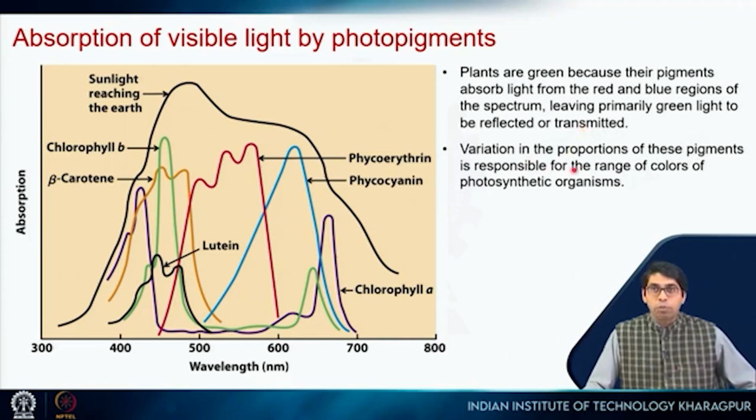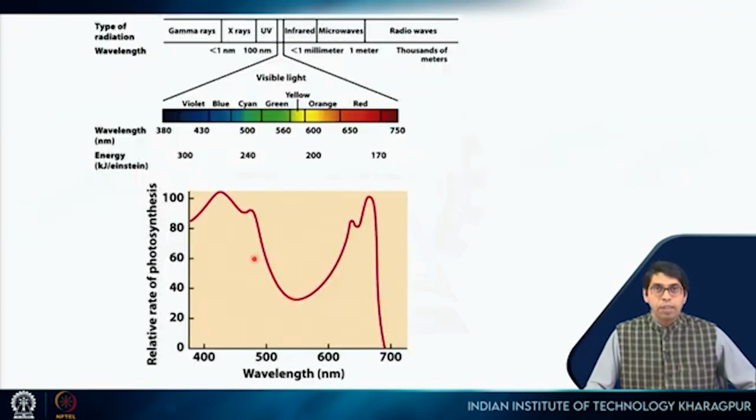Now variation in the proportion of these pigments is responsible for the range of colors of photosynthetic organisms. Even in plant leaves we see different colors. That is because of this variation in the pigments. So the same thing is shown here. This is the relative rate of photosynthesis as a function of the wavelength of light, right?